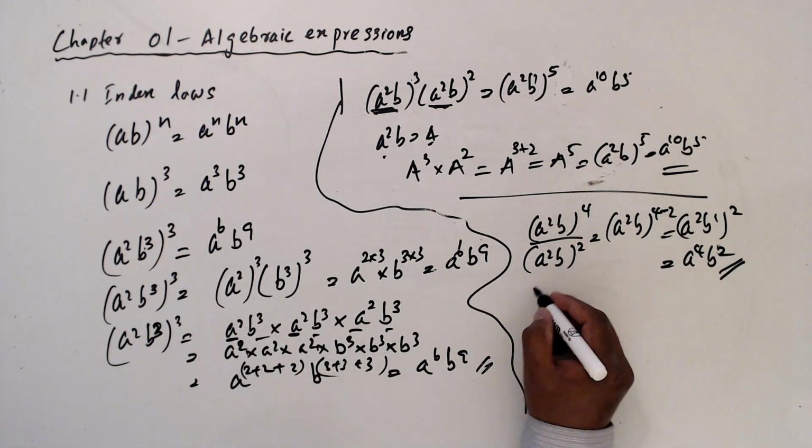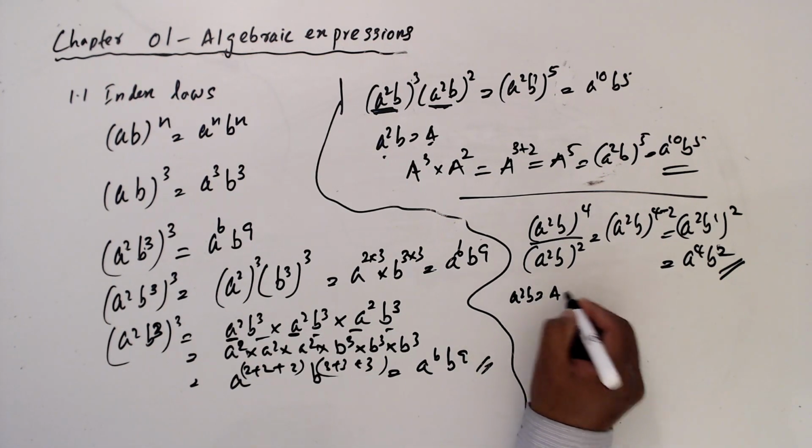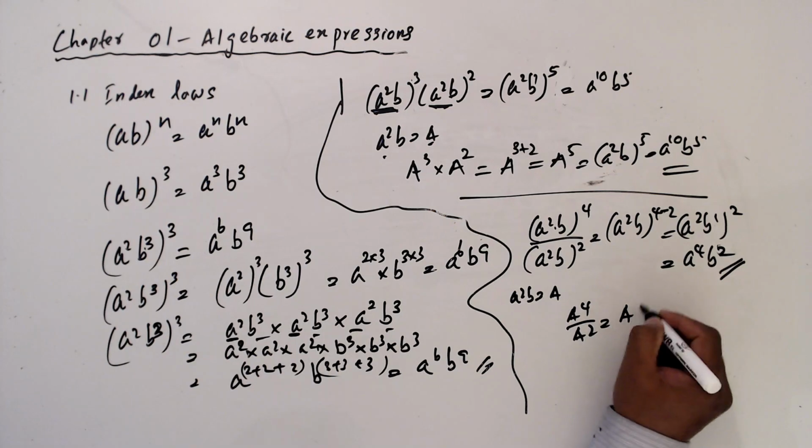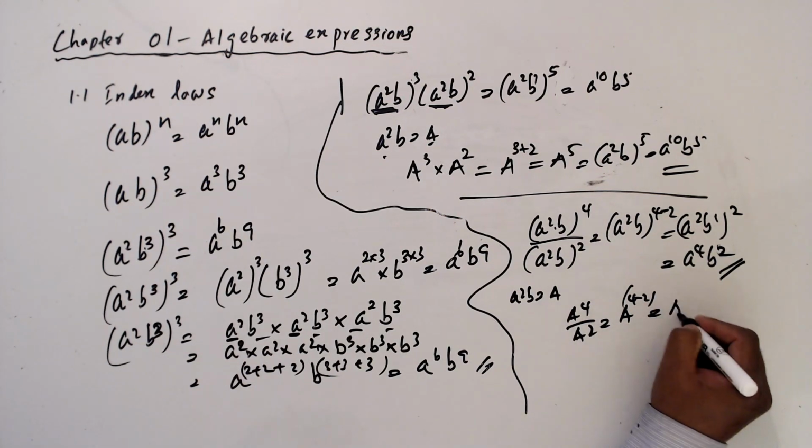You can see it differently: if I take a, this is going to be a to the power 4 over a squared, a to the power 4 minus 2, that is a squared.